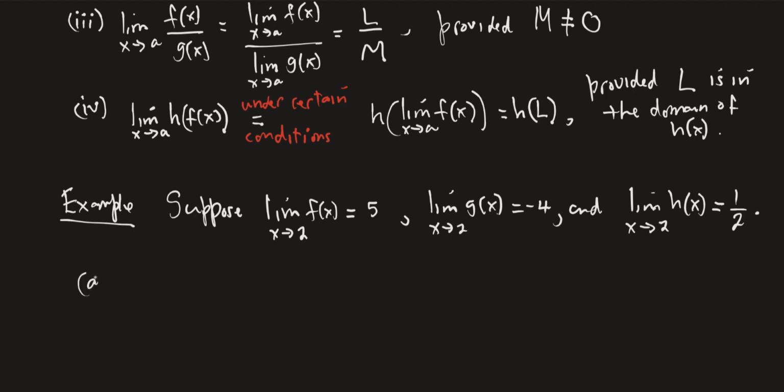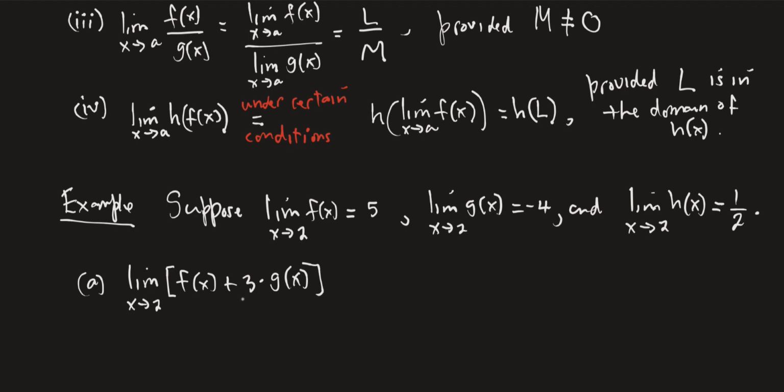So let's do part A. Let's compute the limit as x approaches 2 of f of x plus 3 times g of x. So again, what we have in square brackets would be considered another function.